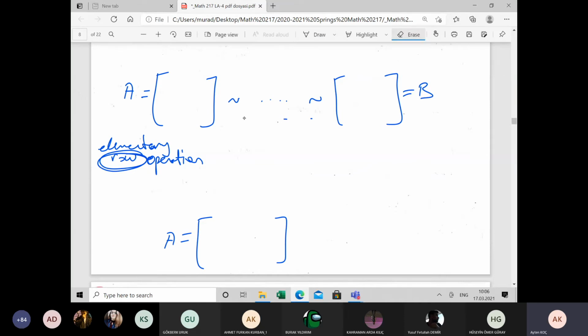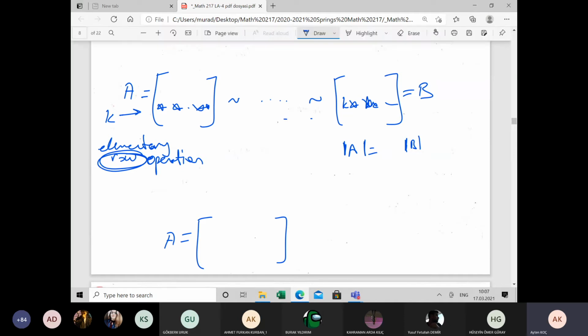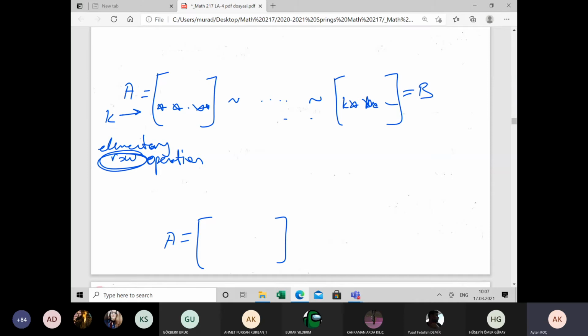So we have three operations. The first operation is multiplying by k. For example, choose one row and multiply it by k.